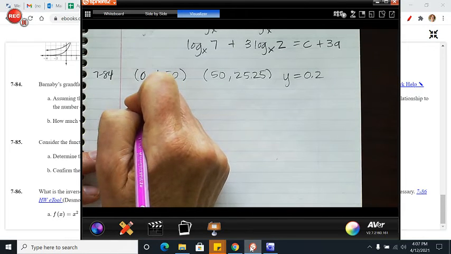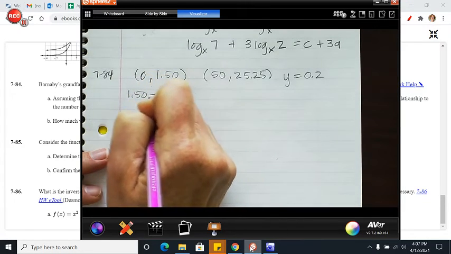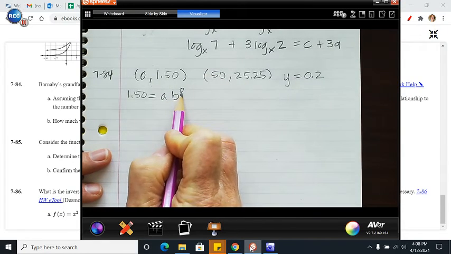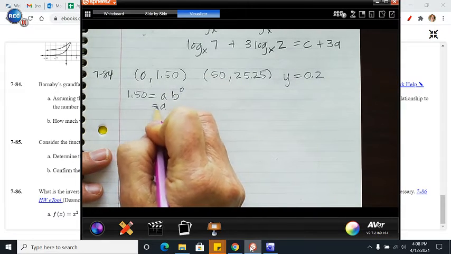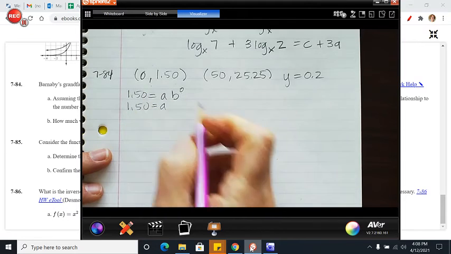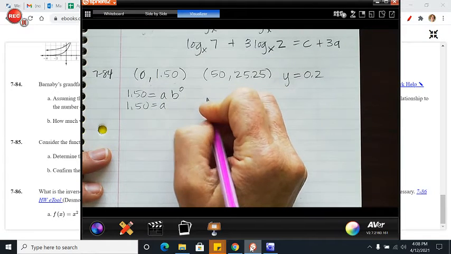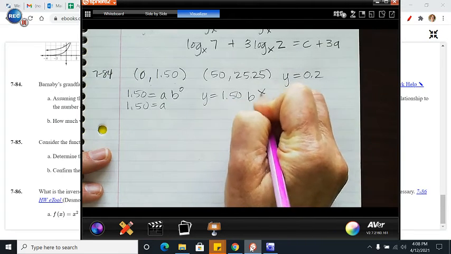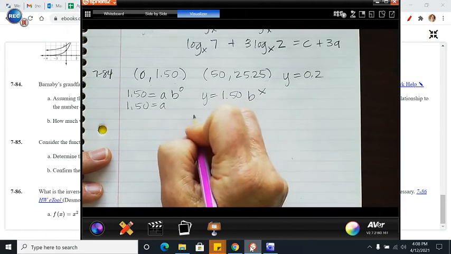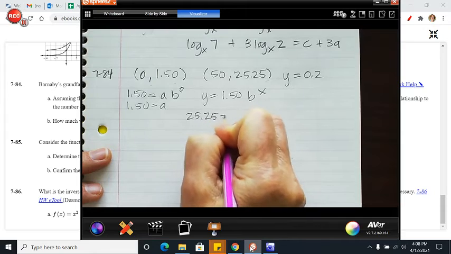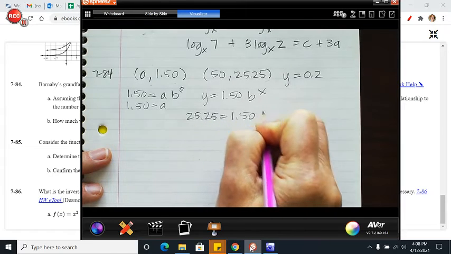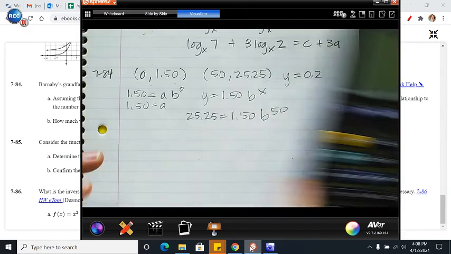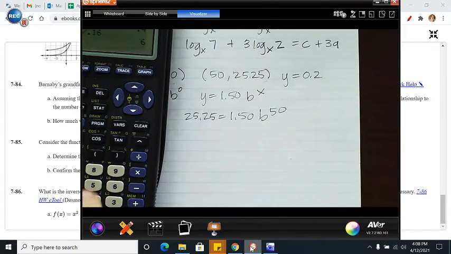So that's going to be $1.50. Oh, this one's going to be easy because anything to the 0 power is 1, so A is $1.50. That's the starting point. And then you could plug in this other point to solve for B. So let's see, what's that?